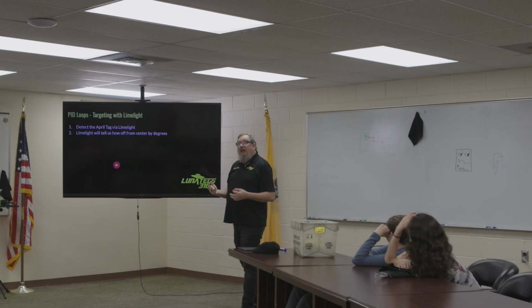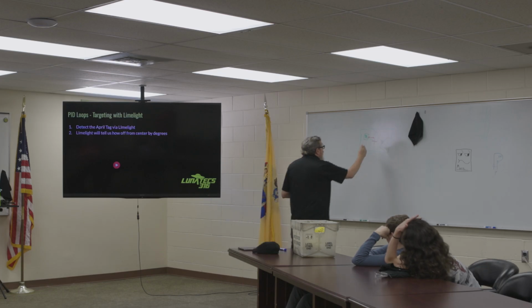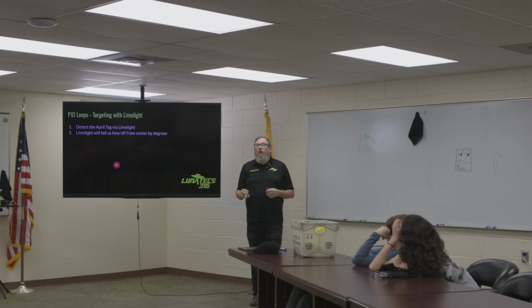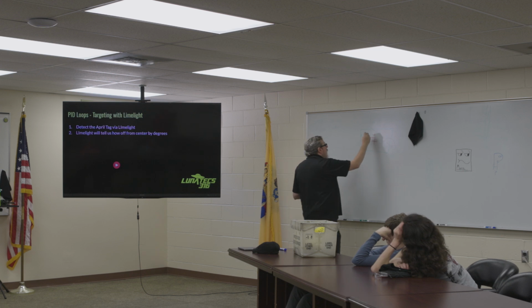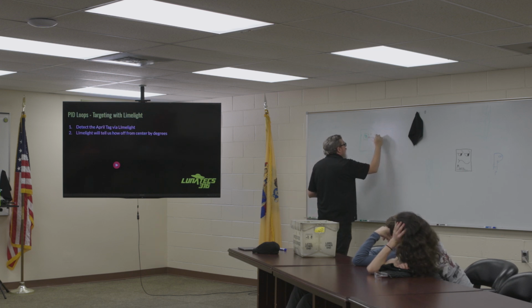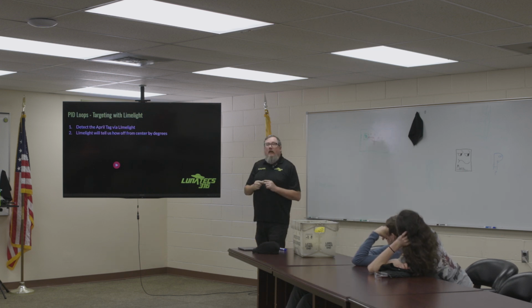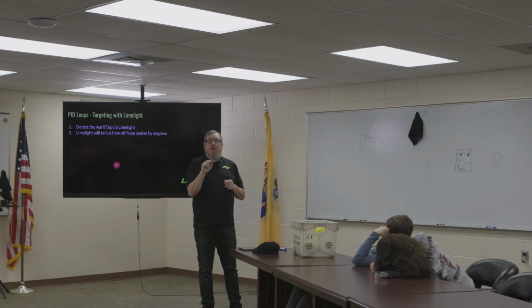So what does that mean? If center is where I want to be, which is 0, and I can tell how far off center, whether that be positive off center or negative off center, what am I calculating there? Error. Who said that? Oh, the error, right?